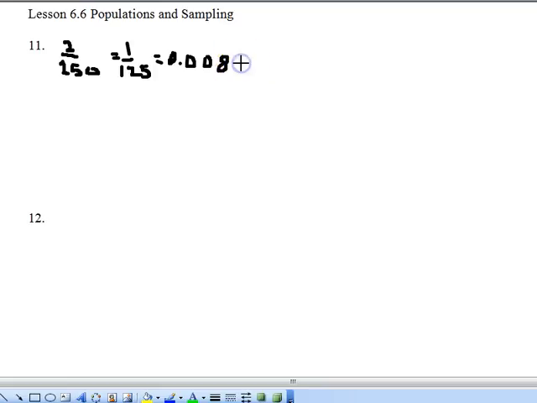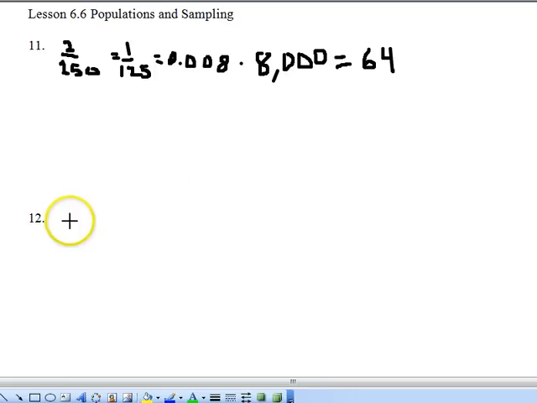Okay, now you're going to multiply this decimal times that 8,000, because that's how many they have produced. And they want to know about how many would the manager expect to be defective. Well, 0.008 times 8,000 is 64. So the manager would expect about 64 items to be defective.